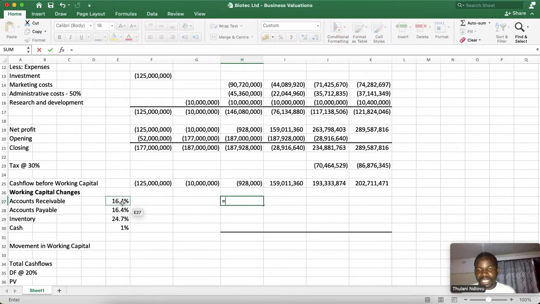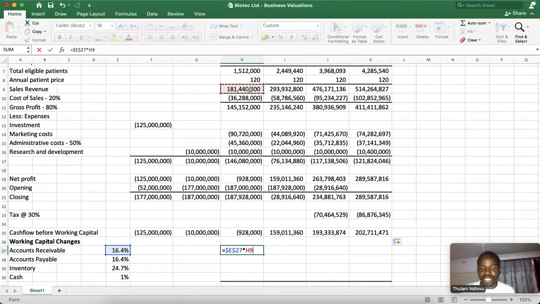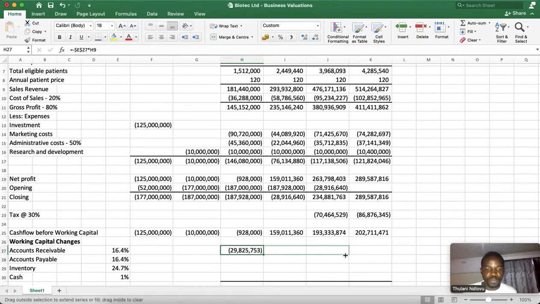So we'll say this percentage multiplied by our sales here. Now what we have to know is we are now calculating working capital. Accounts receivable needs to be funded, so we'll put them as a minus there. Then we can copy the formula up to the end.